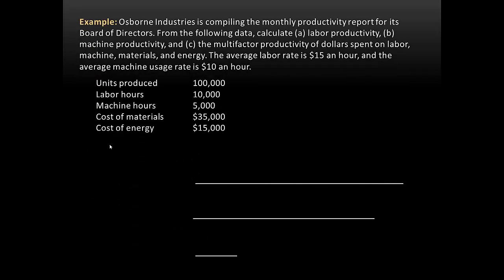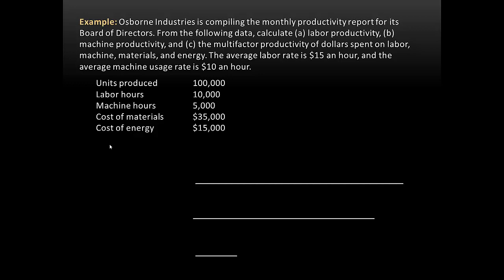Now, here is an example. The problem states that Osborne Industries is compiling the monthly productivity report for its board of directors. From the following data, calculate number one, labor productivity, which is a single factor productivity.